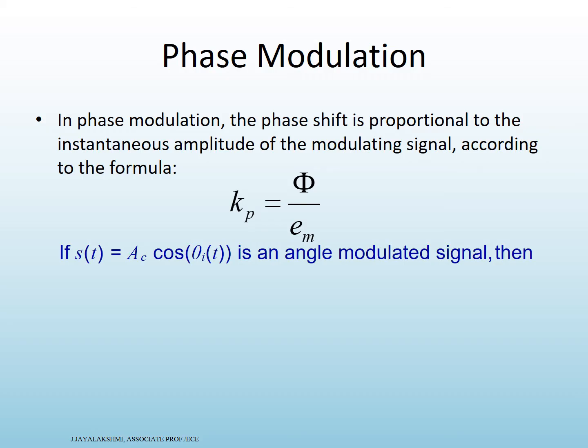So, in phase modulation, as I said, the phase shift is proportional to the instantaneous amplitude of the modulating signal. So, for each and every instantaneous value of the modulating signal, you are going to shift the carrier phase. So, here the modulation value Kp is equal to phi by Em. If the signal is assumed to be S of t and Ac is the amplitude of the carrier, cos of theta i of t, you are going to vary the angle, theta is going to be the angle, is an angle modulated signal.